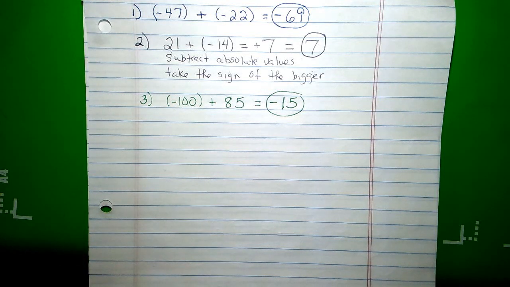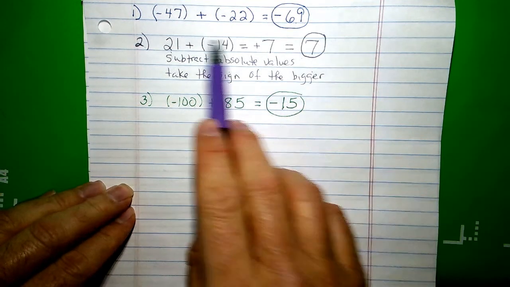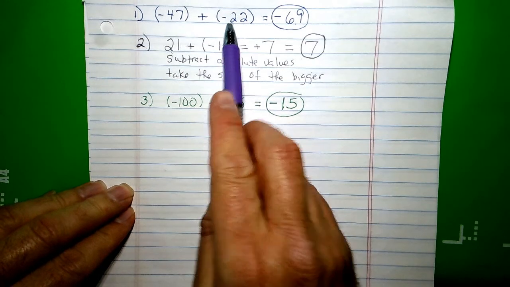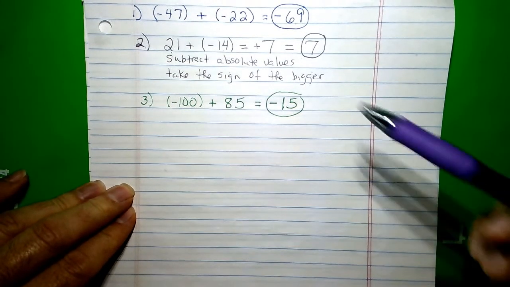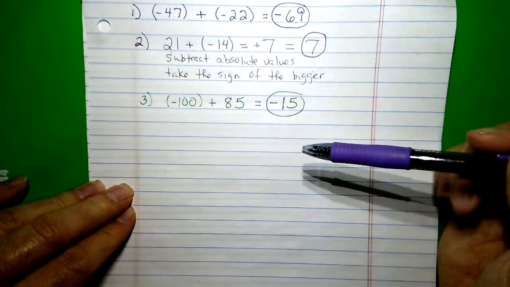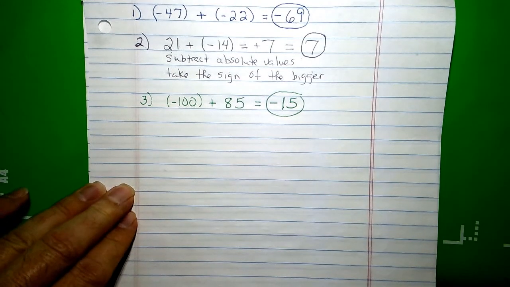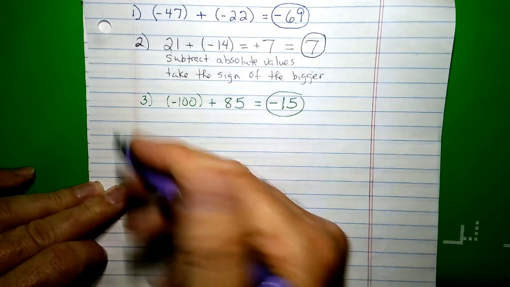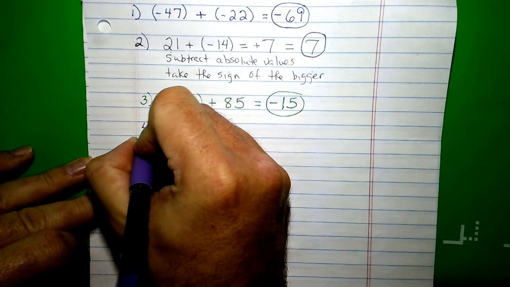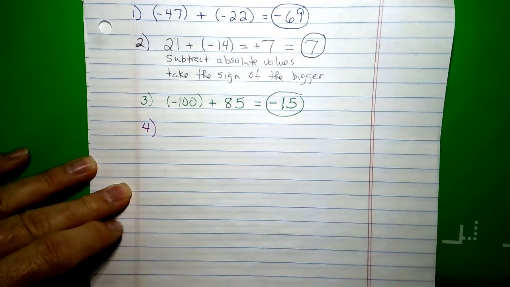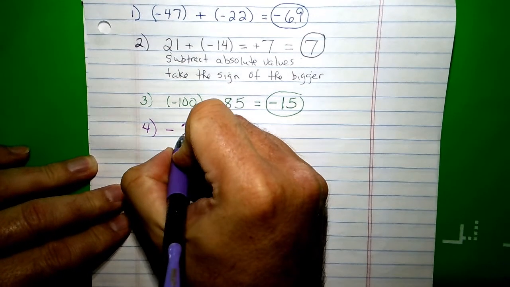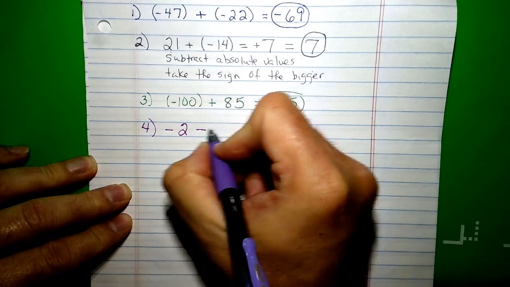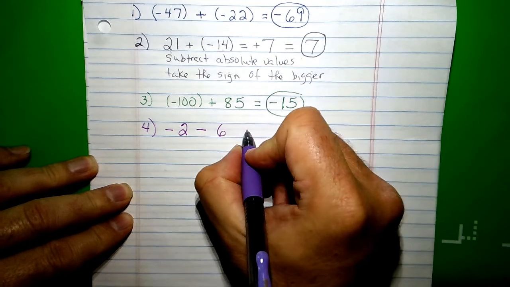Well, what about now subtracting? So here's how to add. To add two negatives, just add them up, keep the negative. To add a positive and negative, you subtract, take the sign of the bigger. How do we subtract signed numbers? Let's look at this. It'd be a negative 2 minus a positive 6.